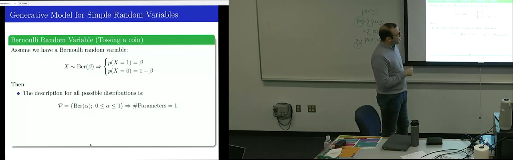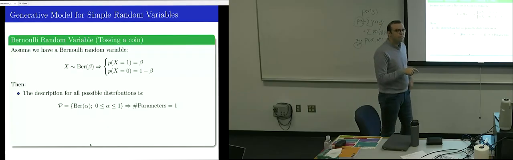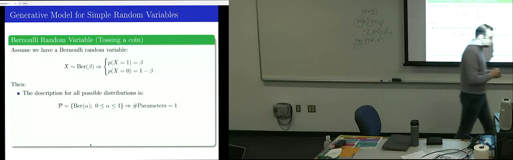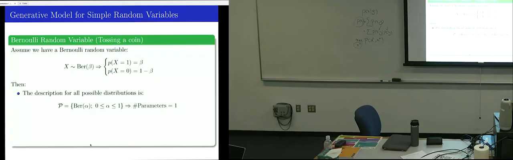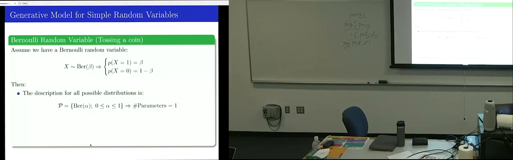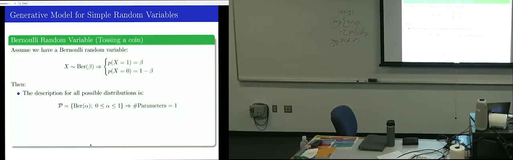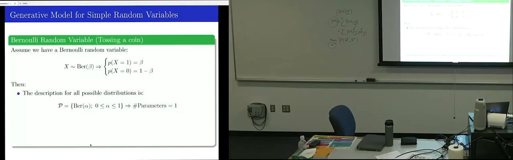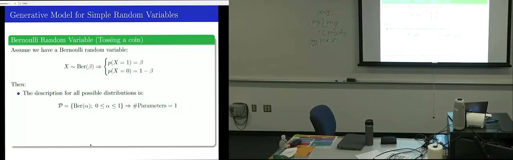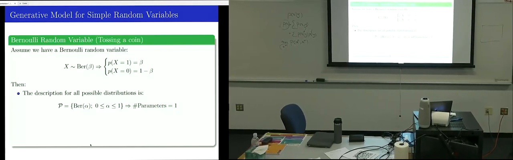In this case, your family is very simple, your complete family. How many parameters does the complete family, the blue box, have for this example? Exactly 1. Because by changing the beta, you can sweep all the space. You have just 1 parameter to totally model the family.